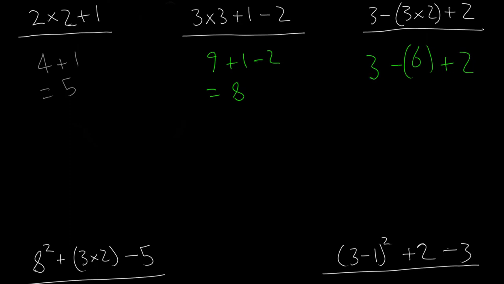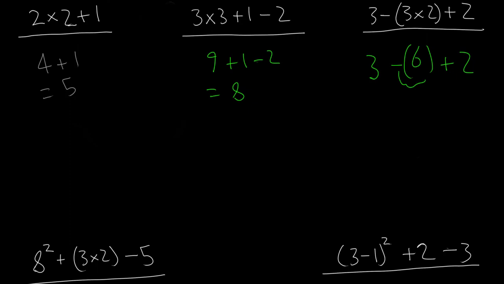Why? Because this minus sign is applied to the 6. In other words, this minus sign and this 6 is essentially a multiplication. What this means is negative 1 multiplied by 6. That's what that means. So we're going to deal with that multiplication first, right?